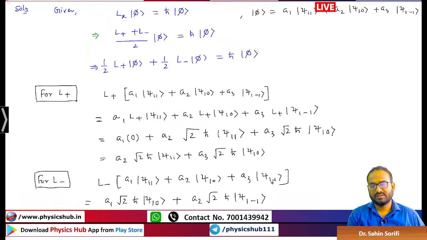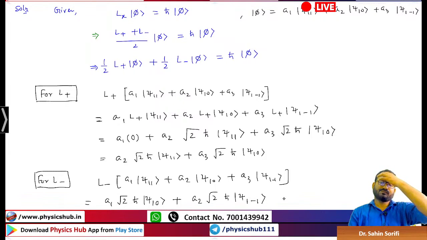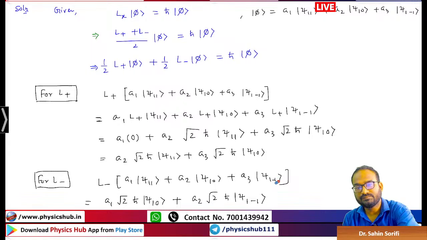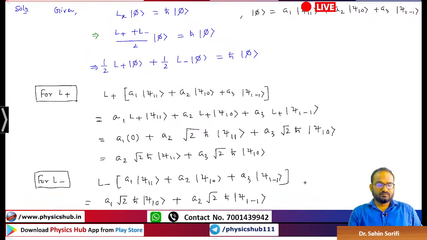Okay, now a3 1 minus 1, you see minus 1 plus 1 minus 1 minus 1. So what will be this value? It will be 0, right?